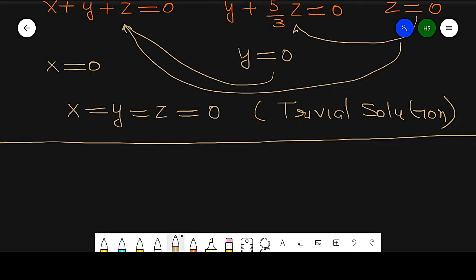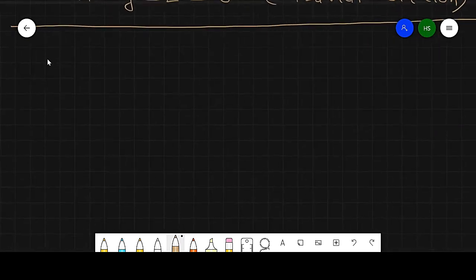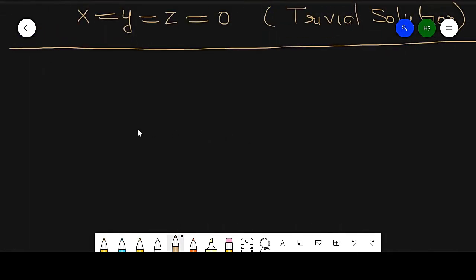Now the next type is very important and it is expected for examination: how we can find the basis and dimension of the solution space of the system of equations.